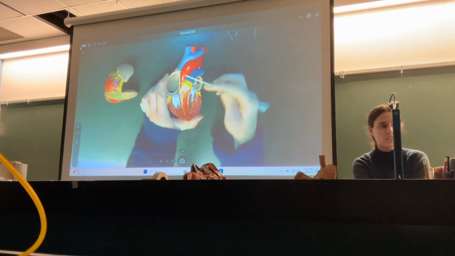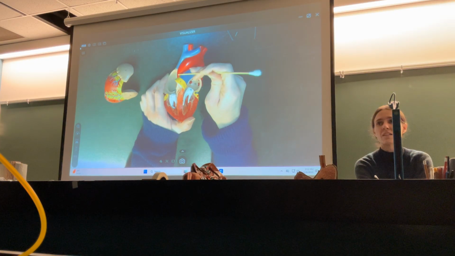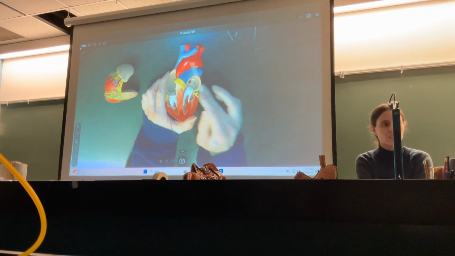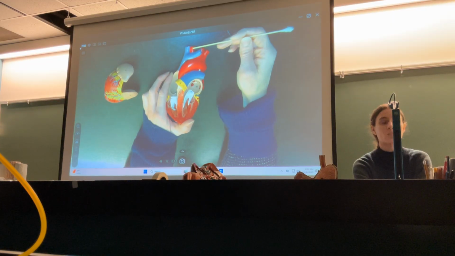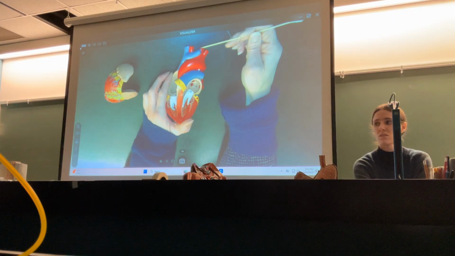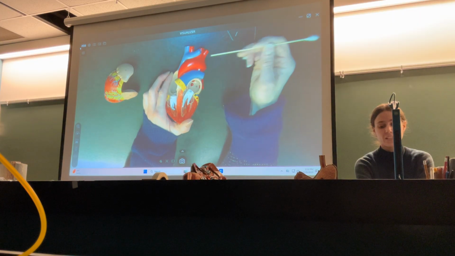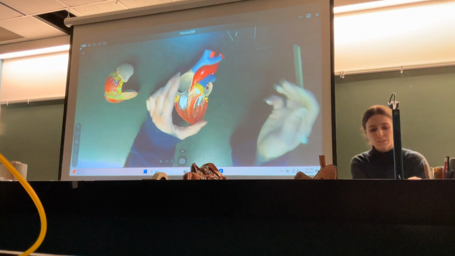What is this first section of the aorta called? Ascending aorta. Then this is the aortic arch. What is this vessel? Brachiocephalic trunk. What is the middle one? Left common carotid and left subclavian. Very good.